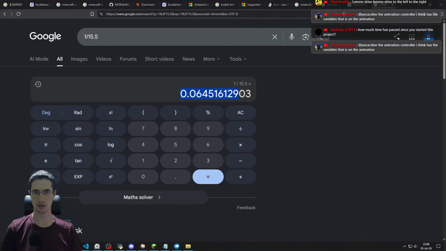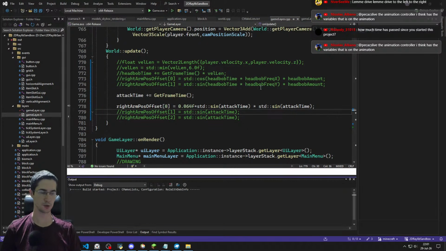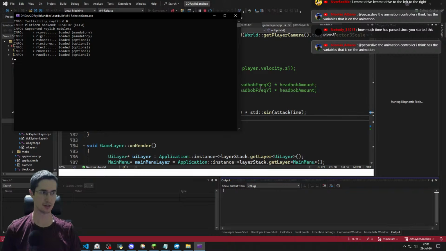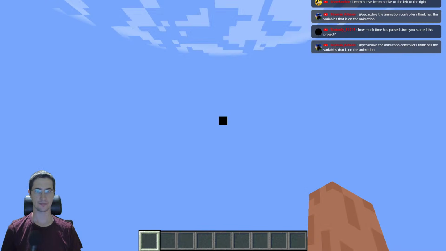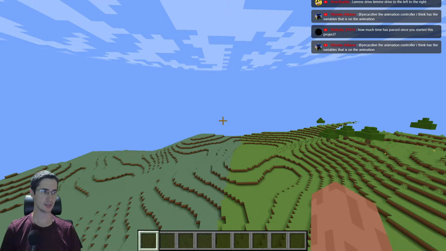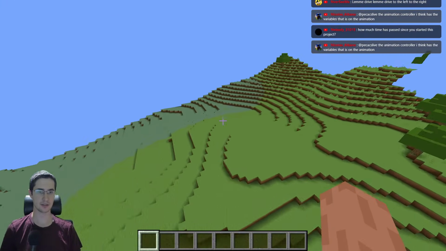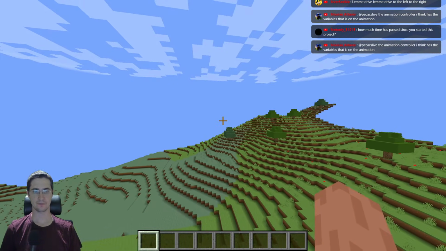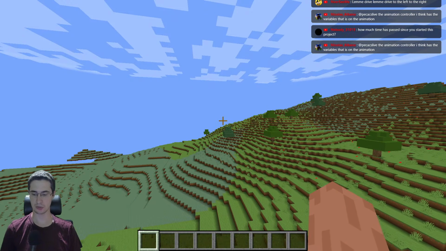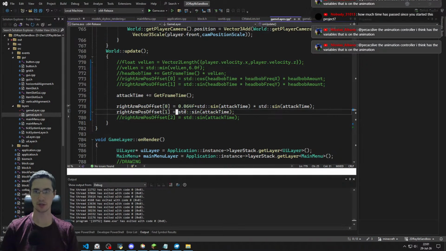Let's do this number instead, because for them, probably 15 is a lot smaller number. Yeah, it's a lot smaller number, chat. Yeah, you are right, chat. There, 15 is different. Okay, now it's going to the left and to the right. Perfect. So let's enable the other one.